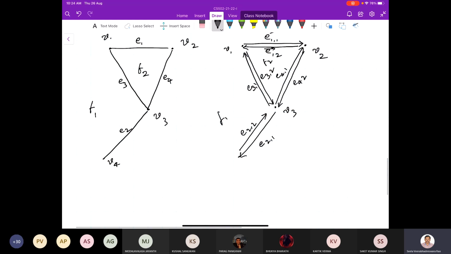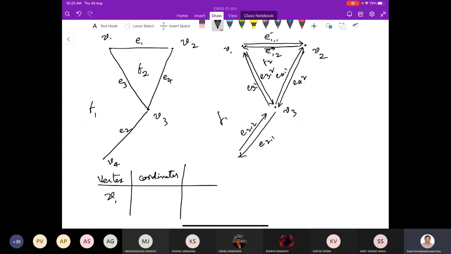So for the vertex record, there will be the vertex ID, and you can have its coordinates, and any one edge on which this is incident. Here V1 is incident on E11, E12, E31, and E32. In fact, we can choose any one of them.